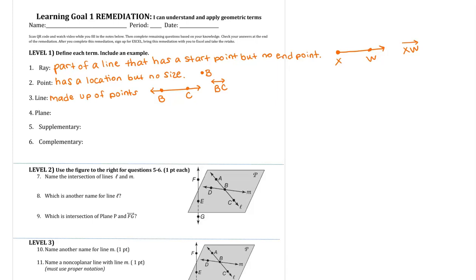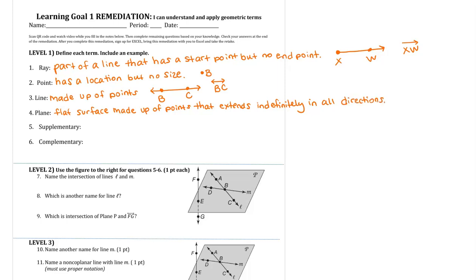All right, a plane, if you took all your points and you spread them all over the table, that would make a plane. So a plane is a flat surface that goes on forever in all directions. A flat surface made up of points that extends indefinitely, so forever, in all directions.